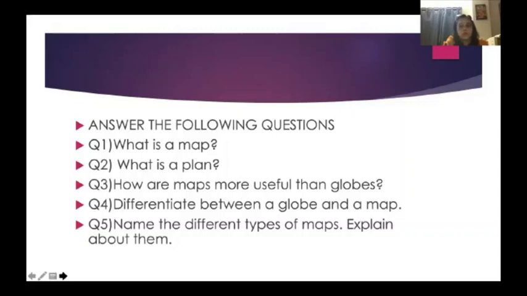Differentiate between a globe and a map. Question number 5. Name the different types of maps. Explain about them. I expect you all to attempt these questions right in your notebook. Before I begin my next session, I will definitely discuss the answers with you all.